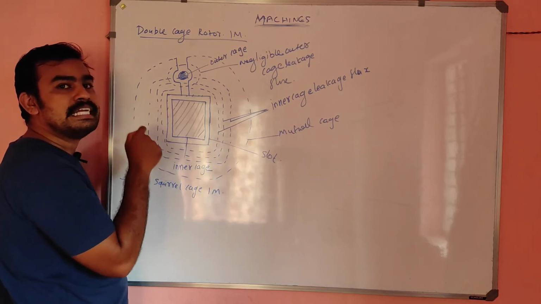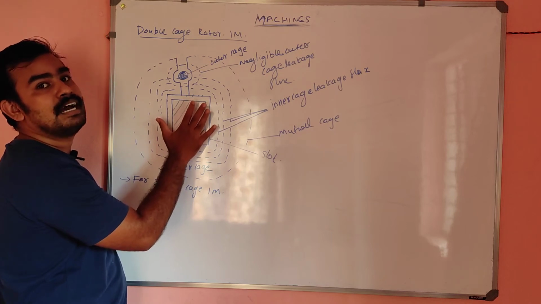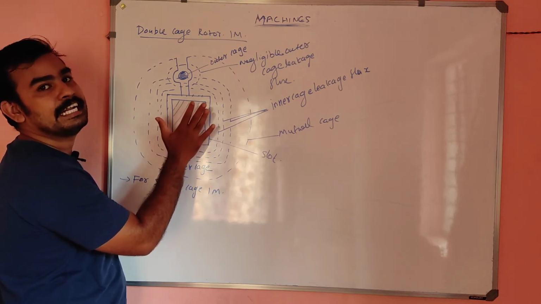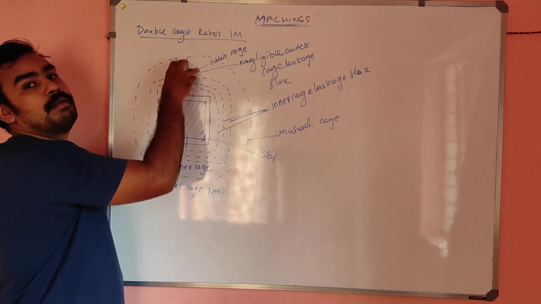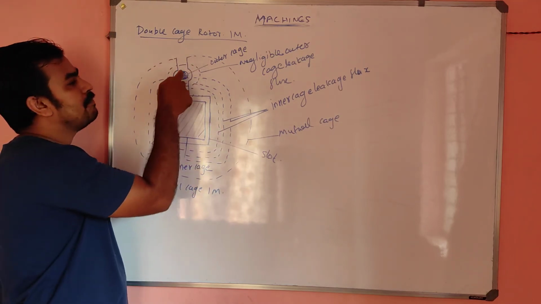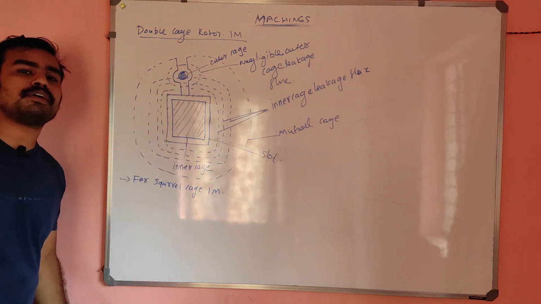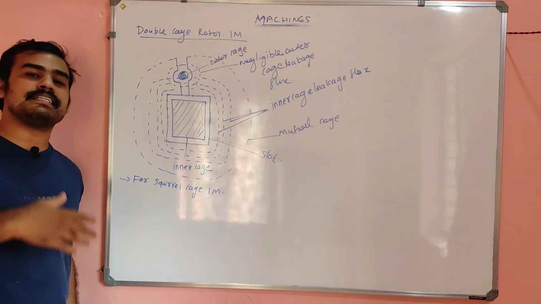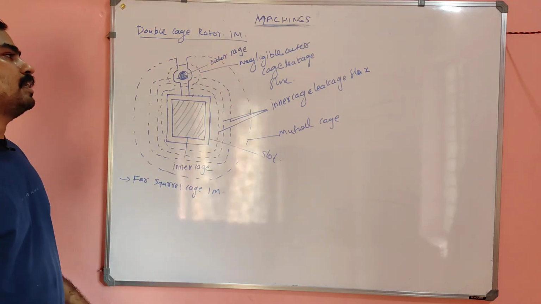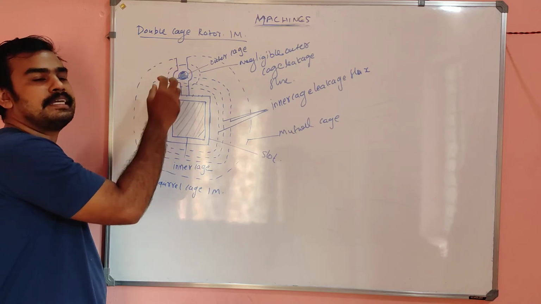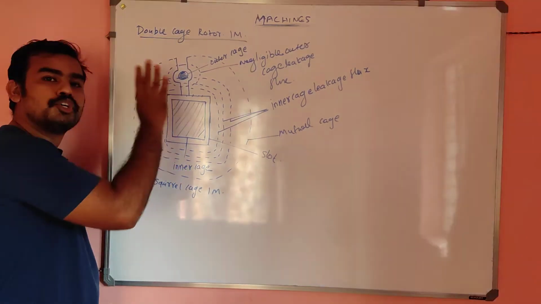This impedance is predominantly due to the reactance, that means the inductance, so the current will tend to flow to the top layer. But the top layer has a small cross section, which makes the resistance of the top layer very high, so at starting the current will be flowing to the top layer.